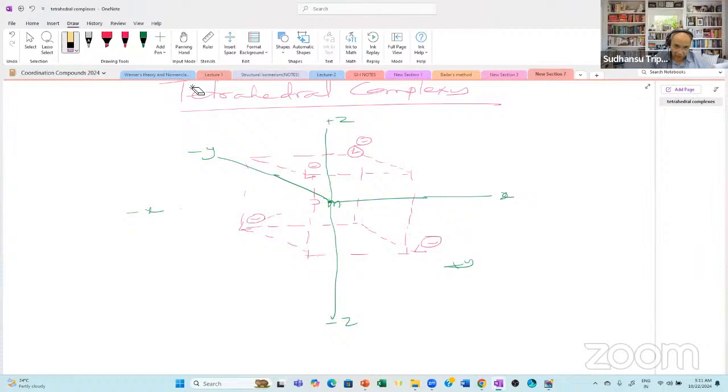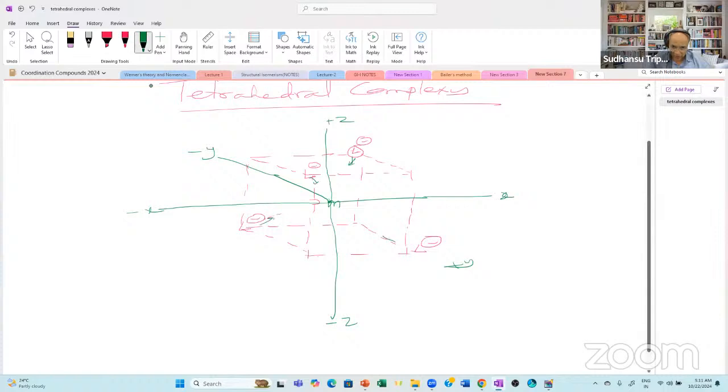So in crystal field, we don't bother about the bonds. We only take the repulsion between the approaching ligands and the filled inner d orbitals.